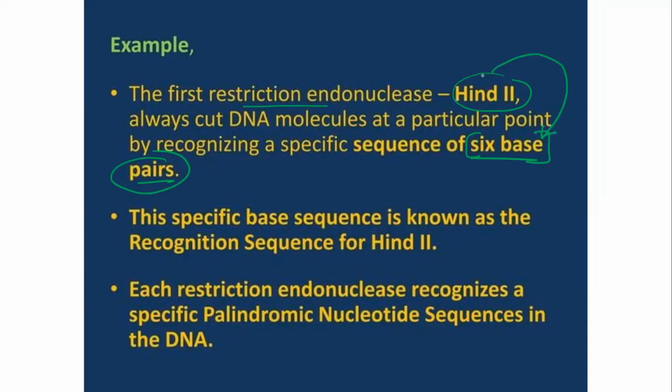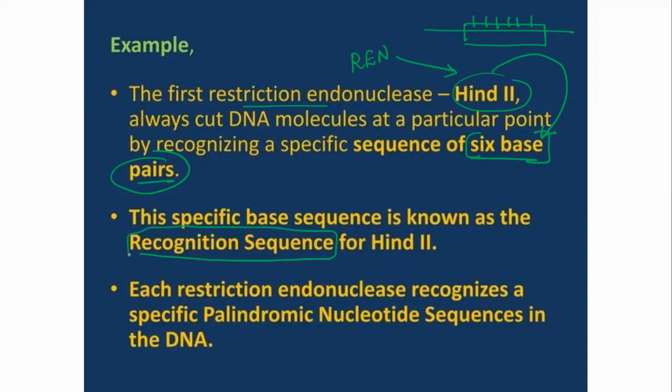So HindIII is the restriction enzyme, restriction endonuclease, REN. They cut the DNA molecule at a particular point, at a particular sequence, and this sequence consists of 6 base pairs. Clear?